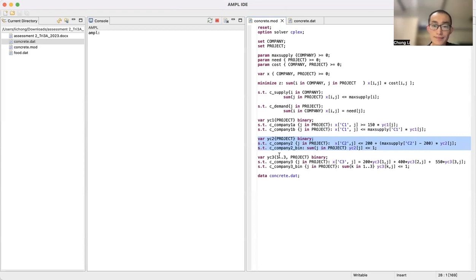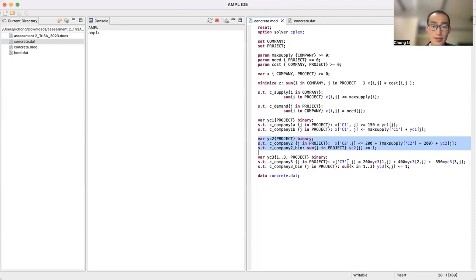And if company C2 is supplying concrete to project J, then on the right-hand side we have the maximum supply of C2.